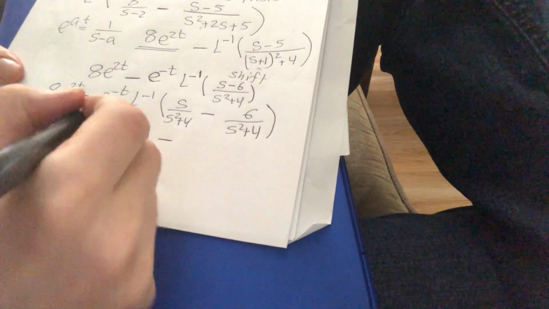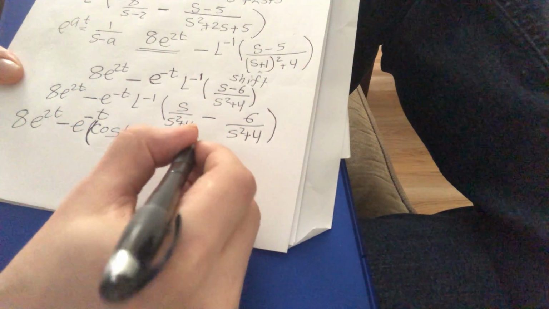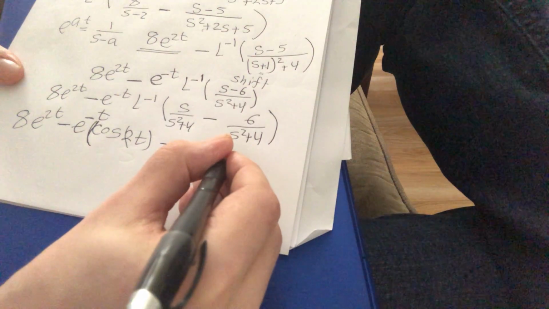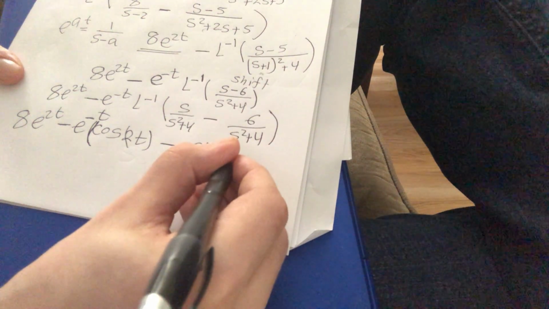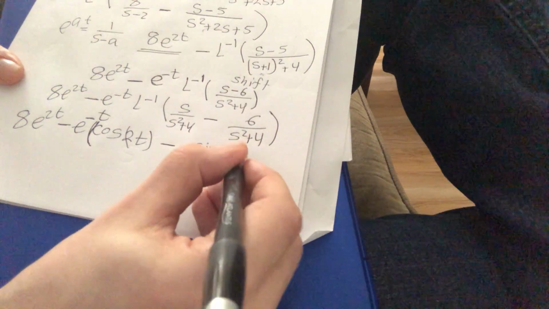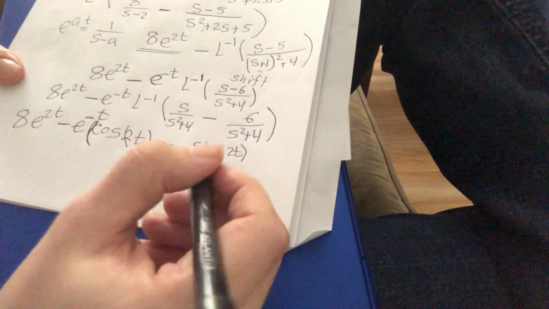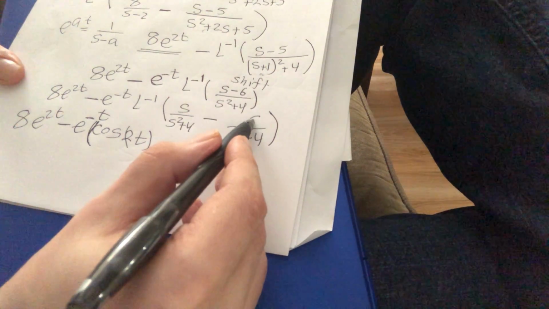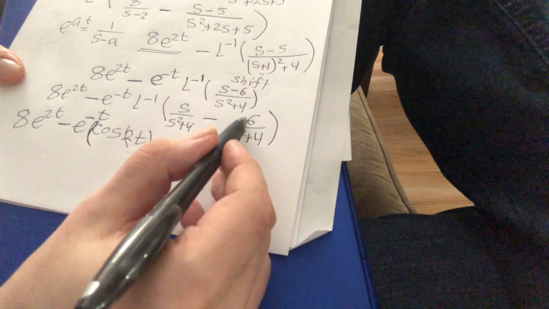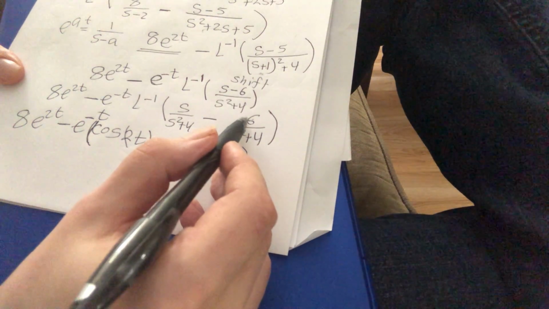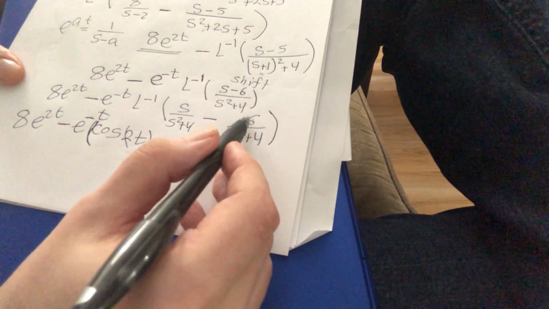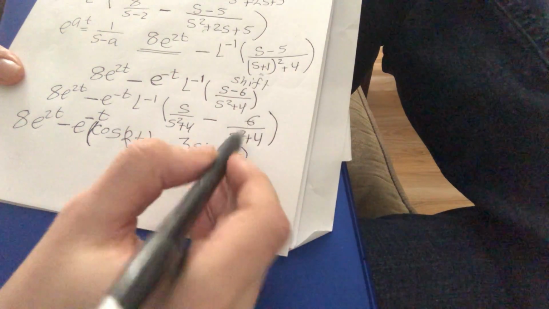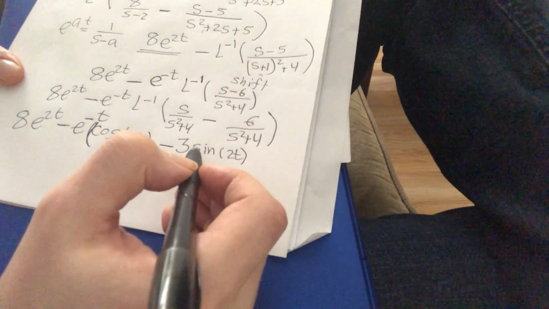So there's a minus here. Now watch, I'm going to leave a space. It's sine of 2t, but I don't have a 2 here. I have a 6. So you think of what's that number that if we multiply by 2 gives you a 6? 3. Or you just divide 6 by 2, 3.